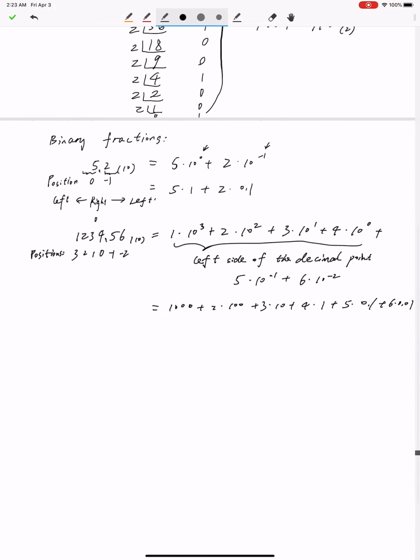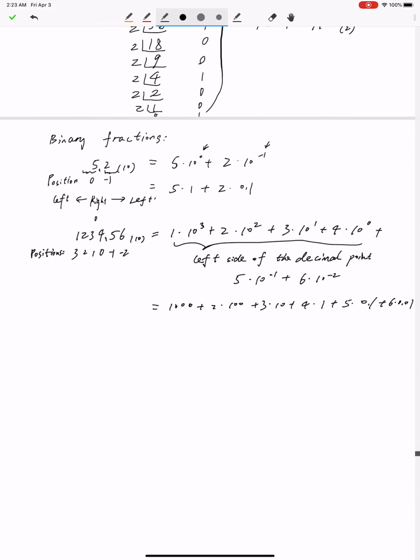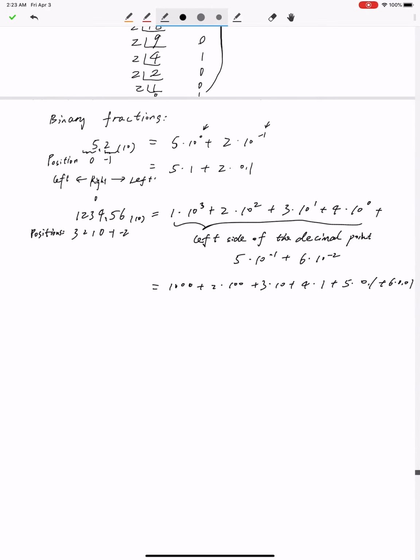Right. For binary numbers, we also have similar structures. For instance, if we have 101.01, this is a binary fraction number, and we can decode it in the same way we decode a decimal number. For the left hand side of the decimal point, we use the same method as we introduced before to count positions.